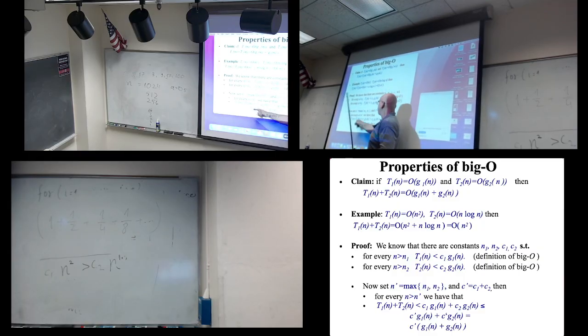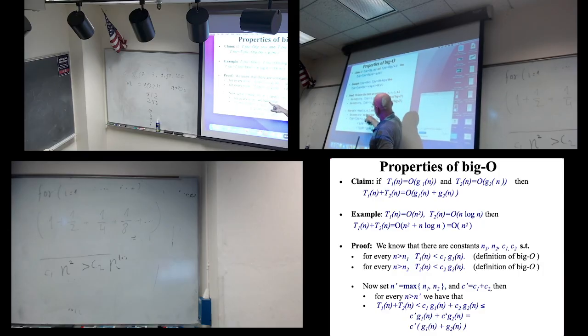Which now means if I pick n prime to be the maximum of these two numbers, then for any n larger than n prime, T1 plus T2 is smaller than C1 G1 plus C2 G2, by the definition.